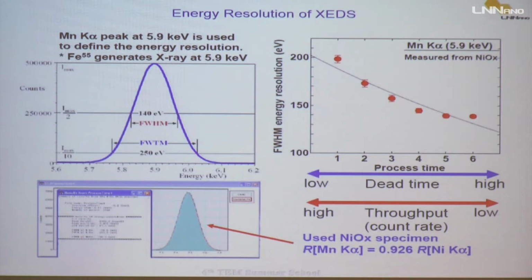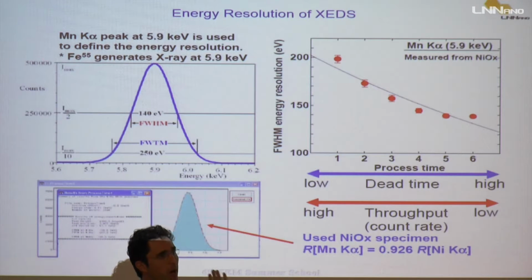This detector measures all these different energies at the same time. It's different from a prism, where you select a specific energy to be measured each time. Here, all the photons that arrive with different energies are measured at the same time.